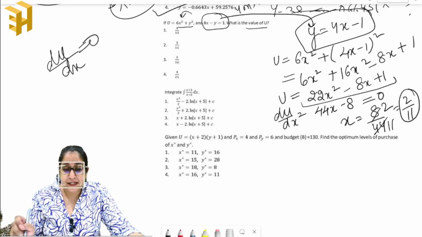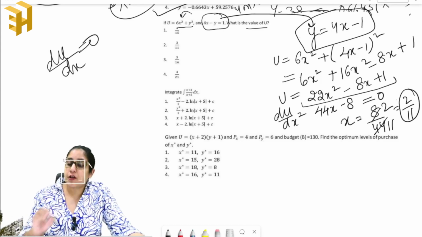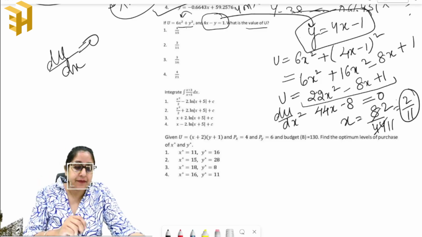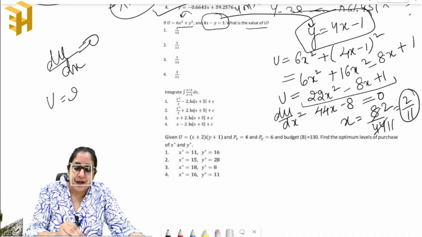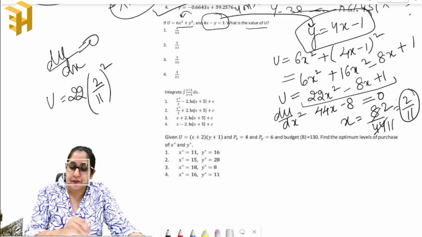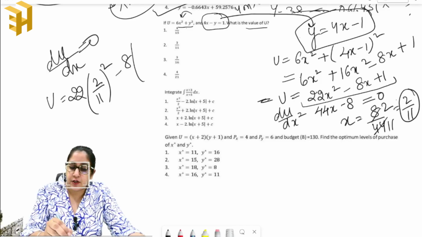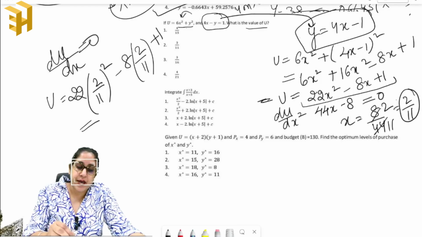Now we substitute this value of x in our utility function, because the ultimate objective is to find u. So we get u is equal to 22 into (2 by 11) the whole square, minus 8 into 2 by 11, plus 1. When we solve this, we get u is equal to 3 by 11.